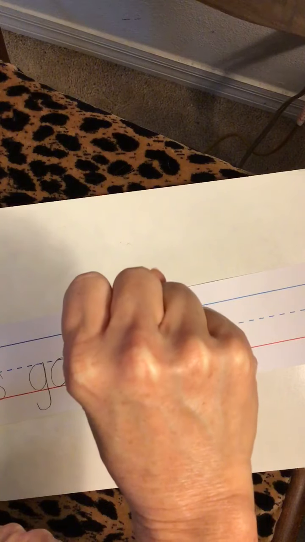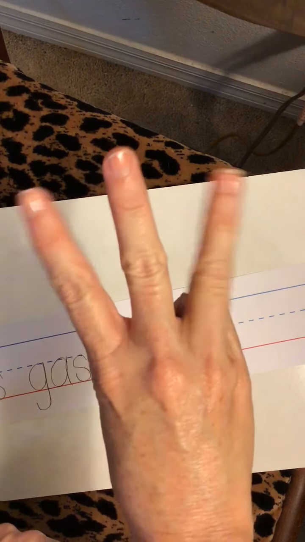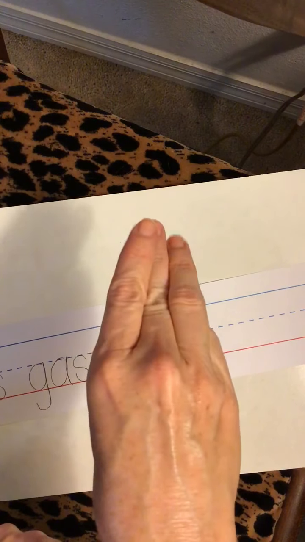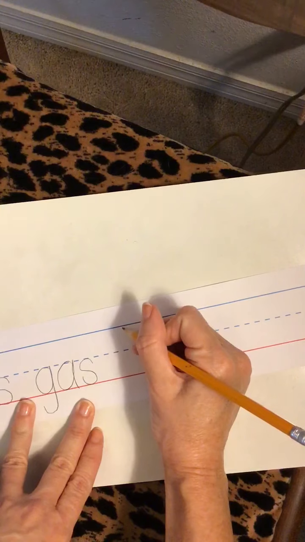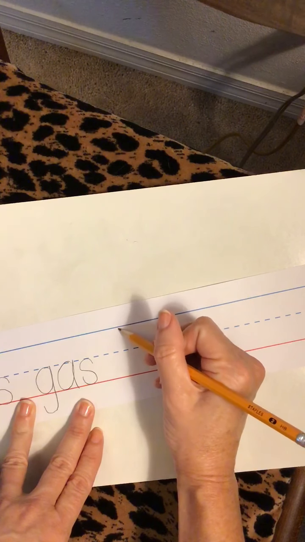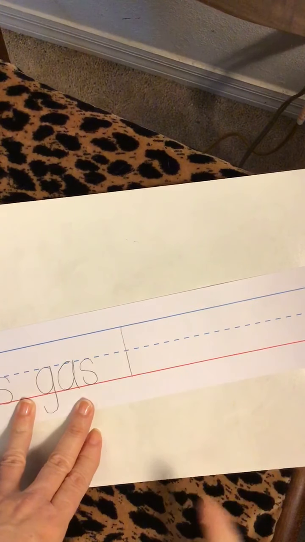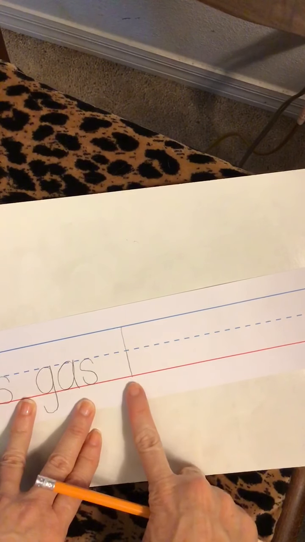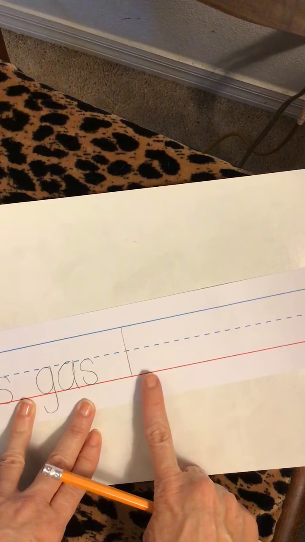Let's count the sounds. L, e, s, less. So three sounds, but there are four letters. So what's the first sound you hear in less? Oh, you're going to go all the way up to that headline and pull down to the baseline to make your lowercase, what? L. Now we said e.